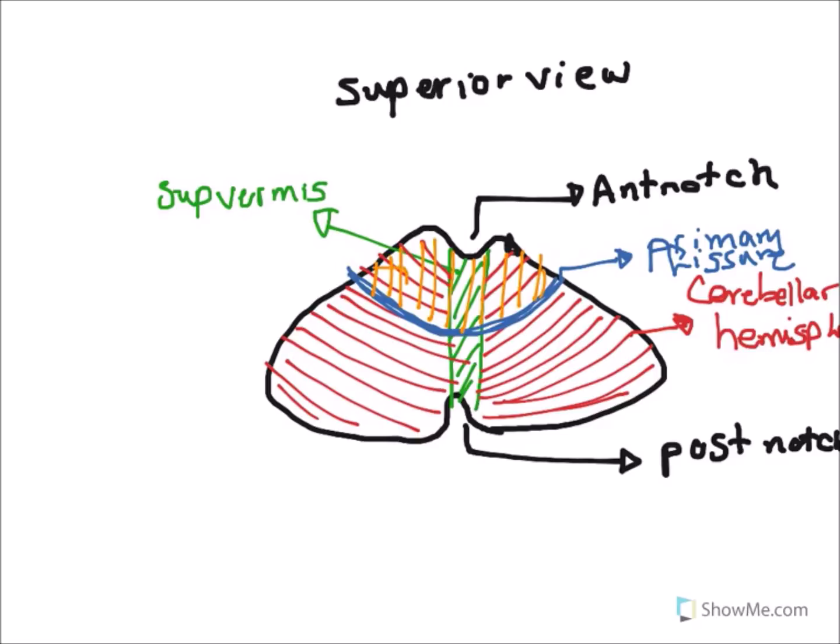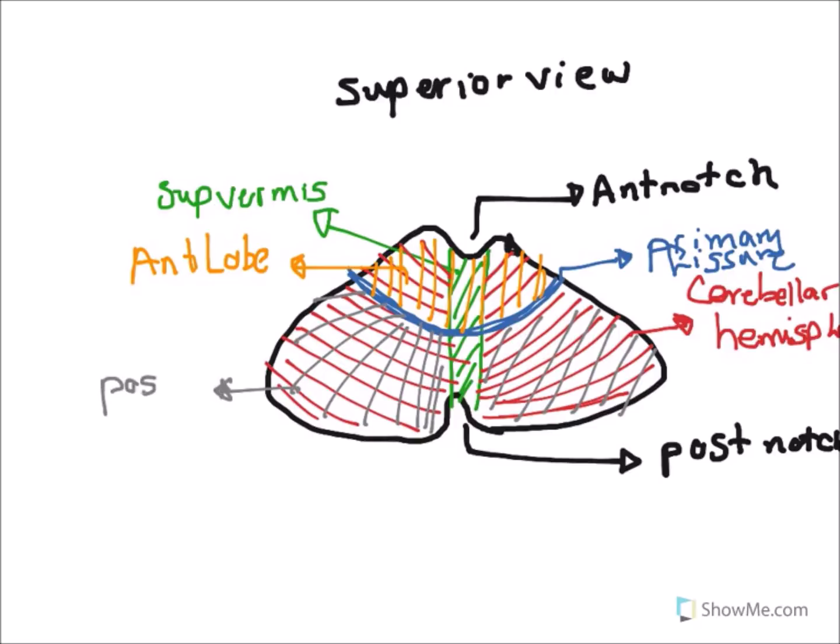So this part represents the anterior lobe of the cerebellum, which is around 1/3 of the cerebellum on the superior surface, and this whole part is the posterior lobe of the cerebellum, which represents around the posterior 2/3 of the cerebellar tissue.